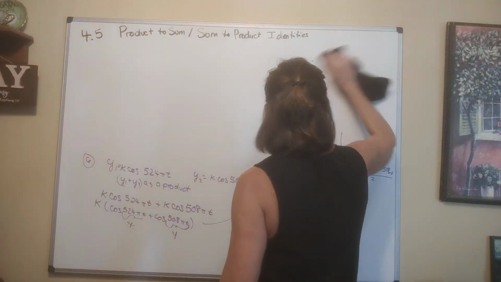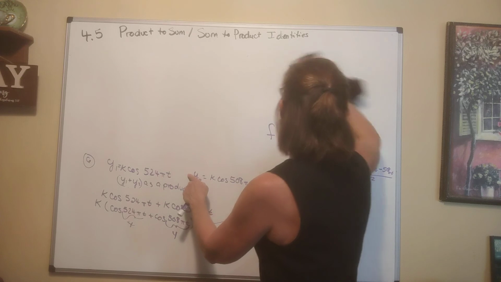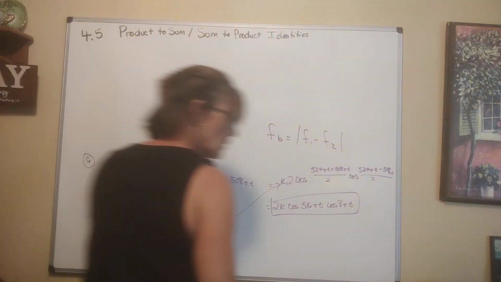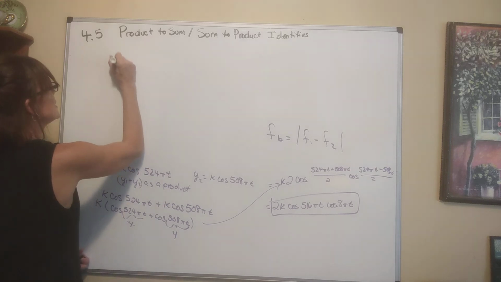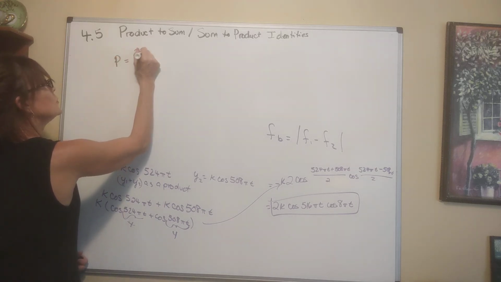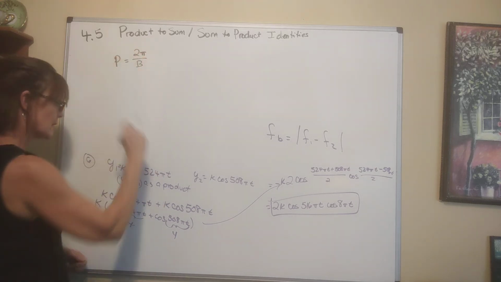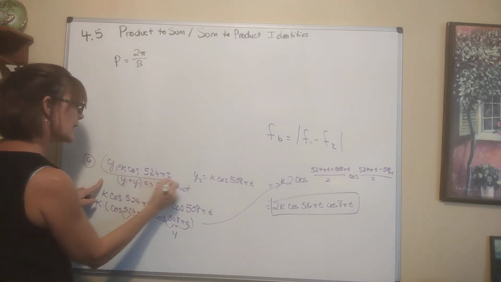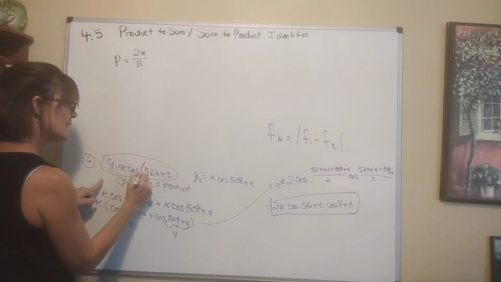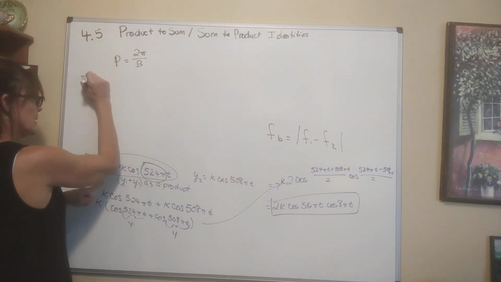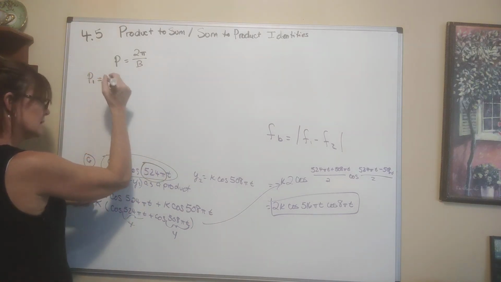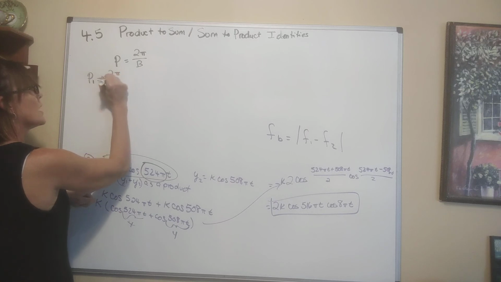So let's look at Y1 and ask, what is its period? In general, for cosine, the period is equal to 2 pi divided by b. Very specifically for this one, this is the b.